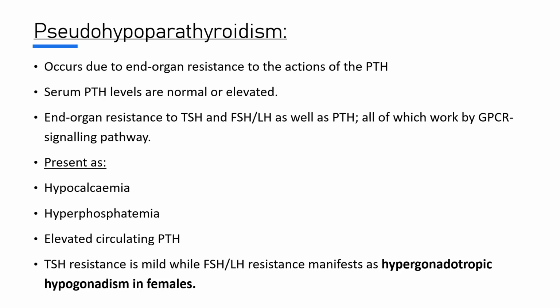So if the patient suffering from pseudohypoparathyroidism has a resistance to FSH or LH, and it is a female, then hypergonadotropic hypogonadism can be seen, and this is a very severe condition. This much for now.